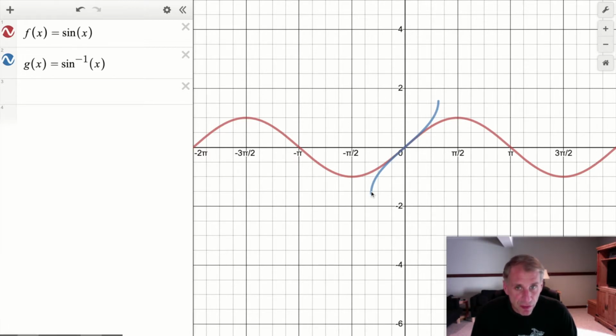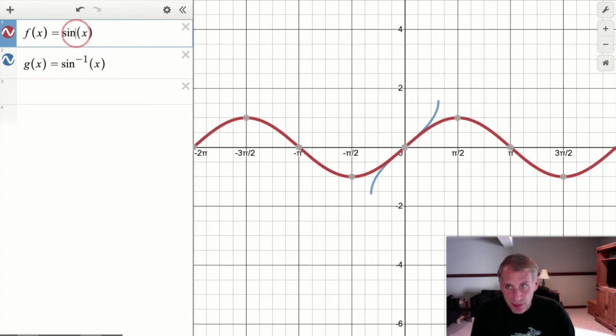So we're going to go here from this point, which is at -1, -π/2, all the way up to this top point, which is at 1, π/2. All right, so it's important when we're talking about inverse trig to understand the restrictions, the domain and range of each individual function. So that's how it works with sine.